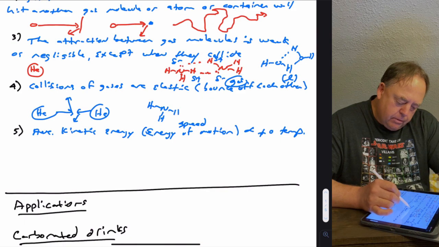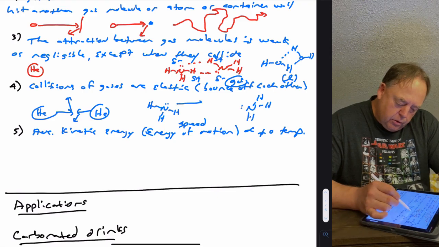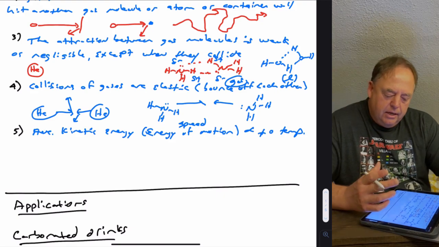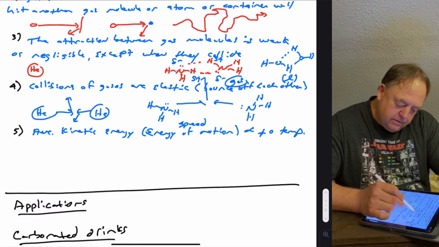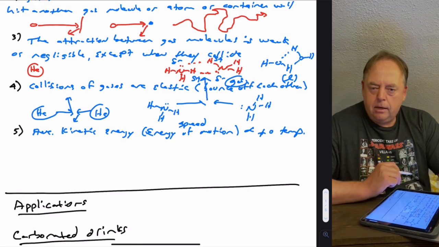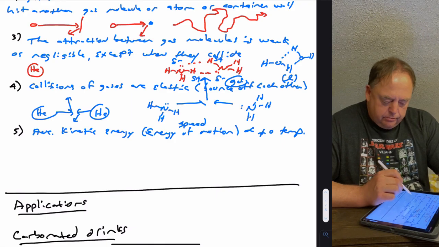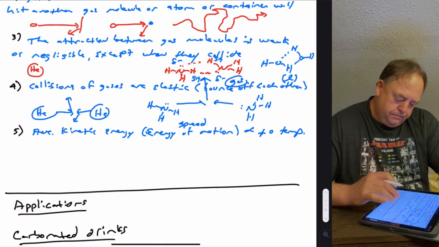If you had 2 ammonia molecules, and the distance between them is huge, but they happen to collide with each other, they would have a greater tendency to stick because of those hydrogen bonding interactions. So in this regard too, helium is a better ideal gas than ammonia would be.